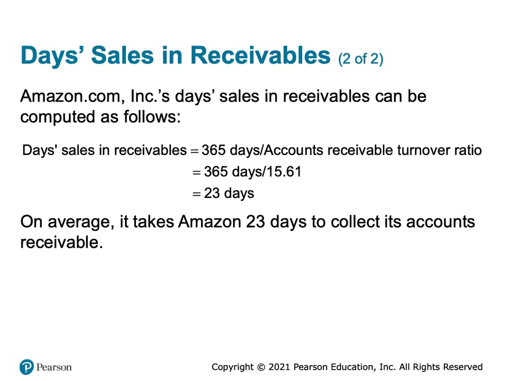And so the days sales in receivable is calculated as 365 days divided by the accounts receivable turnover ratio. And so that shows us in this example where Amazon had an accounts receivable turnover ratio of 15.6, it converts to 23 days. And so that means on average, it takes Amazon 23 days to collect its accounts receivable.